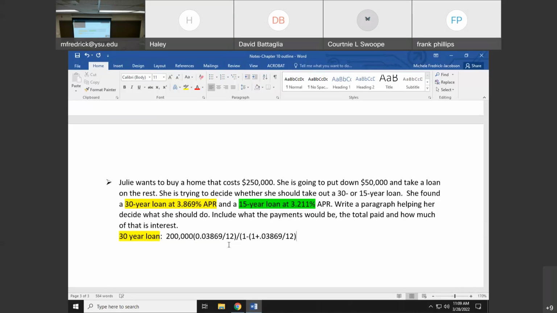Close that parenthesis, caret, negative. Okay, so this would be our formula. The 200,000, the rate divided by 12, that was what was on top. And then on the bottom, and I put a parenthesis around the bottom, 1 plus the rate divided by 12, and then the caret, and then this is in my exponent.